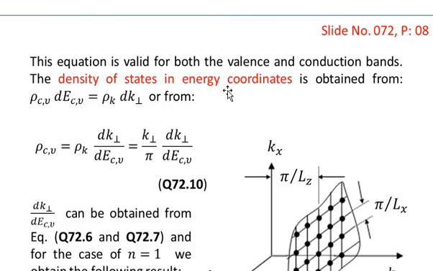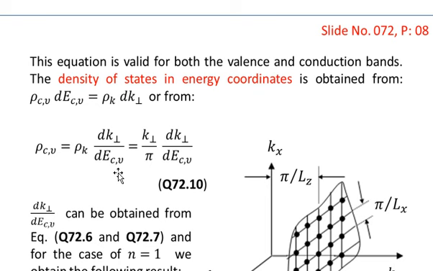The density of states in energy coordinates is obtained from this expression, that is, rho Cv multiplied by dE Cv is equal to rho k multiplied by dk perpendicular. And from here we can find rho Cv is equal to rho k, multiplied on the right hand side by the derivative of dk perpendicular with respect to dE Cv.